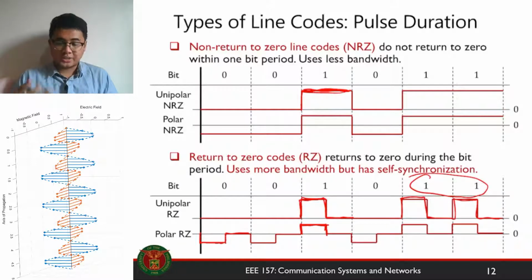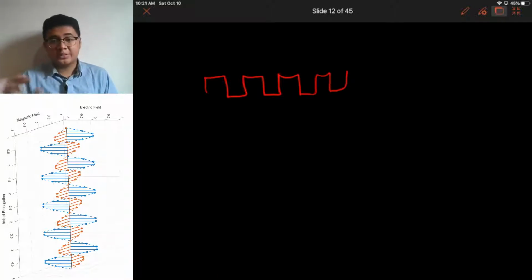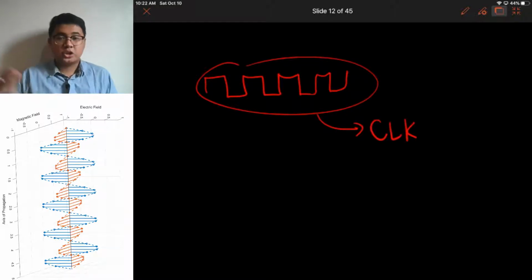For polar RZ, if you get the absolute value of this symbol here, of this setup here, you will actually get a pulse train, a rectangular pulse train, and this is already your clock signal, the original clock signal at the source.